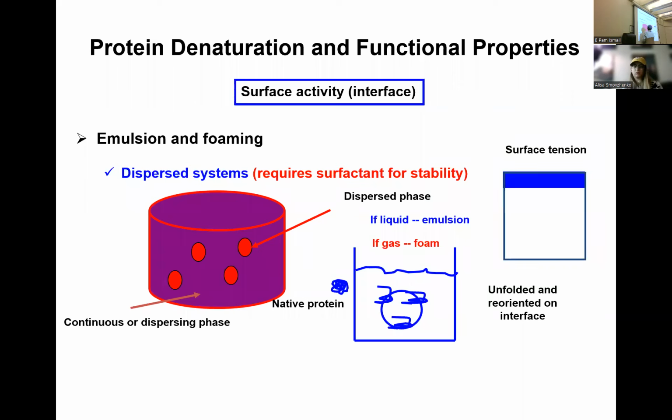The hydrophilic region of the protein is oriented to the water, and the hydrophobic region to the oil, and then protein interactions happen. They form a film and stabilize those oil droplets.